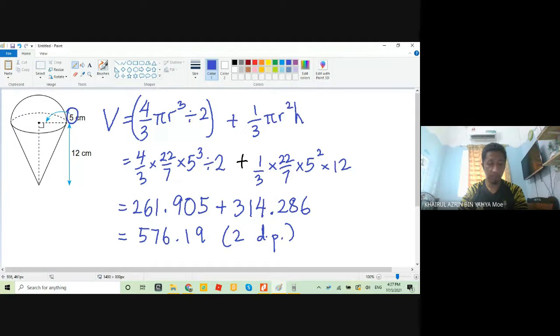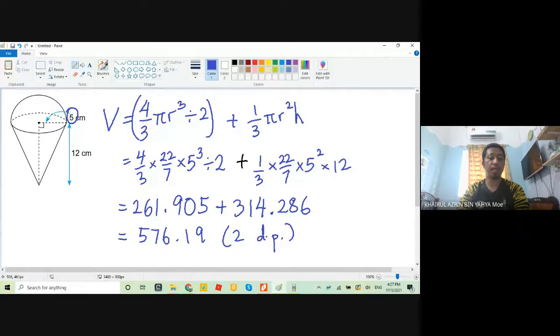Let me double check with my calculator here: 2161.05 plus 314.26. Okay, correct. That is the answer, correct to 2 decimal places.